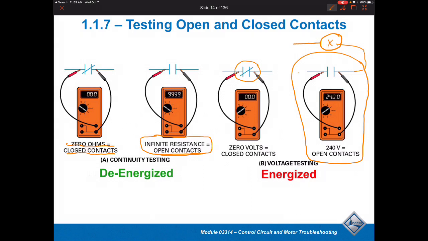Even though you've got voltage brought to this device, it will still not show 240 volts if there are multiple opens within the circuit. That's the part a person has to be very careful with on testing those. But in a typical system, I would say yes, that is what we would normally expect to see. But a person has to be somewhat careful testing across contacts without that understanding.